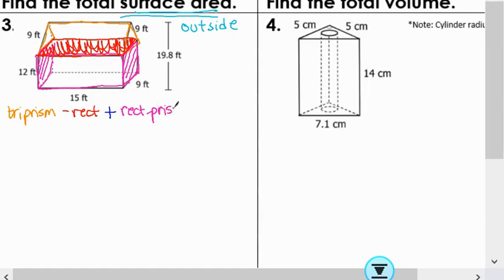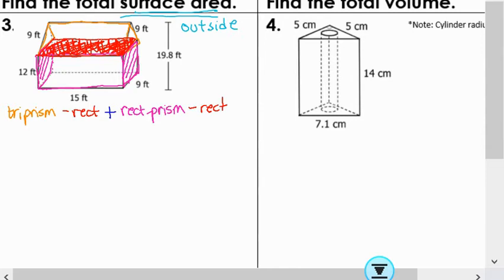Do we have all the surfaces of the rectangular prism? We do not, because one side is covered up with the side of the triangular prism. So I'll have to subtract that one rectangular side as well. That's our plan: triangular prism surface area minus one rectangle, plus rectangular prism surface area minus one rectangle.